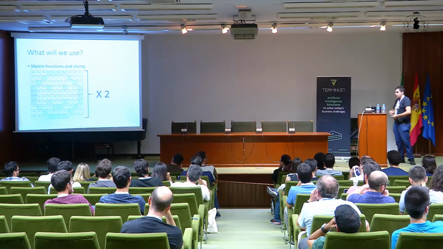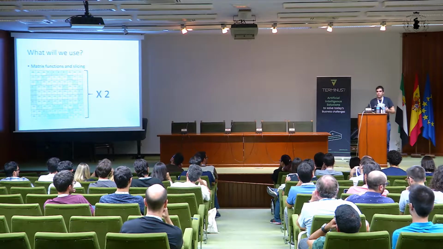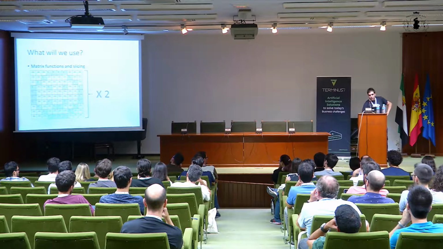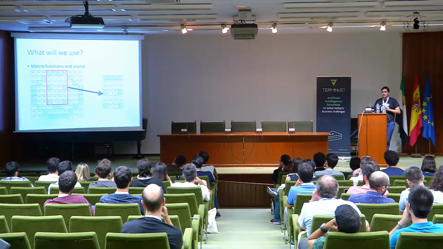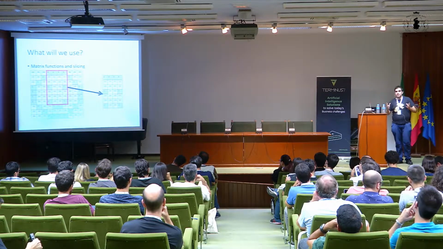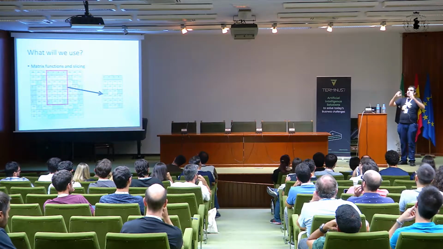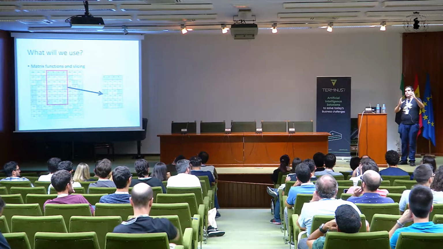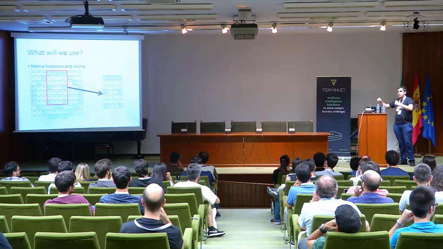It's a complicated thing, but it goes very fast when we use the NumPy functions that are prepared to work with that kind of objects. And we also will work with a very useful tool that is called slicing. When we index a list, for example, we can get the second element, and if we have a list of lists, we can get the first element of the main list, which is the second list, and then we can get the second element of this list.